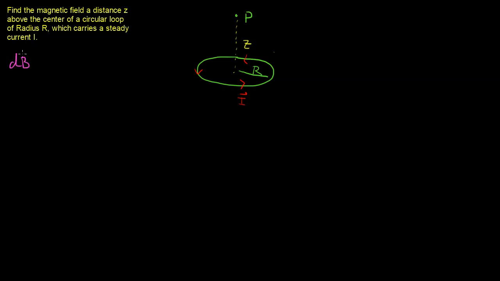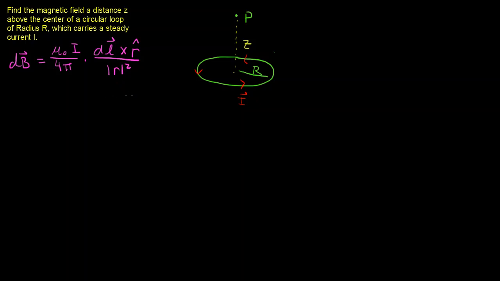It says dB is equal to mu naught I over 4 pi times dl cross r hat over the magnitude of r squared.